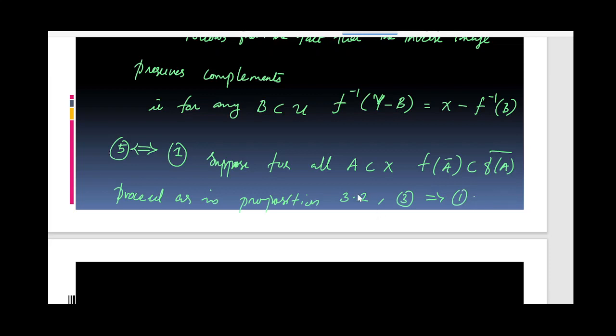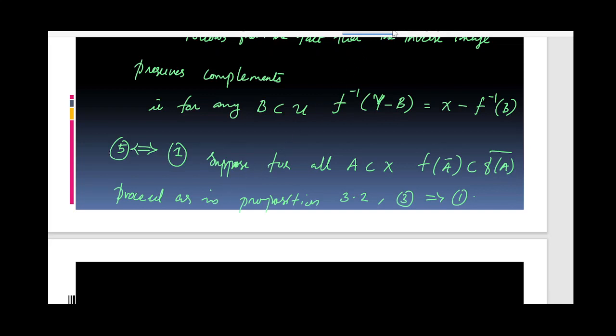Okay, so we can easily prove this. Just refer to the previous proposition. In that we have proved this 3 implies 1 and 1 implies 3 and all. So just have that idea and try to complete the proof.